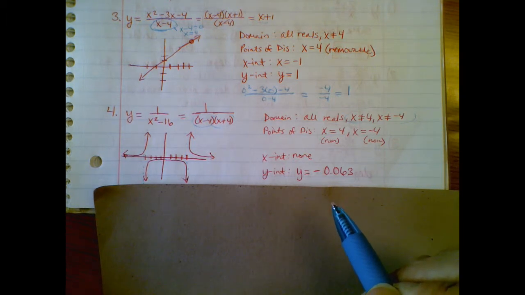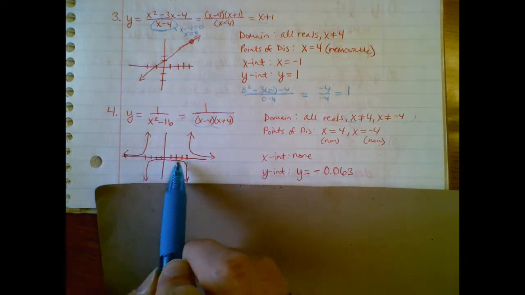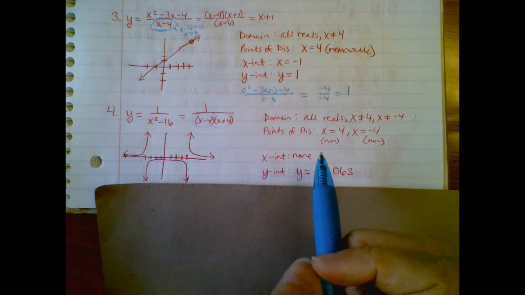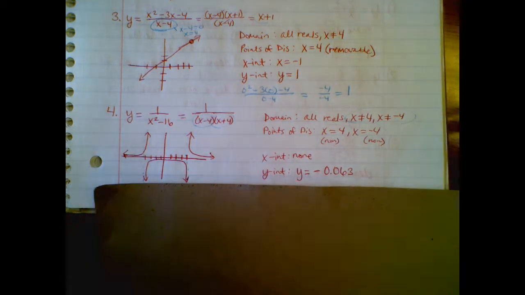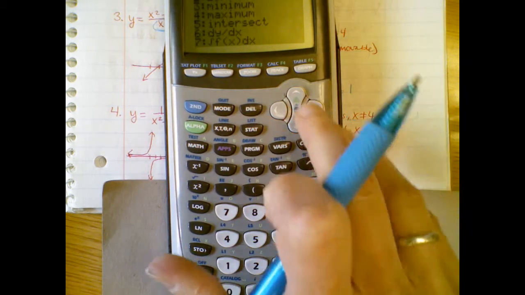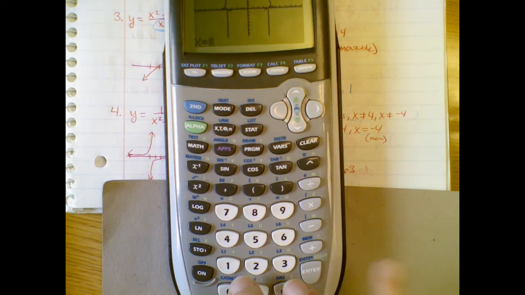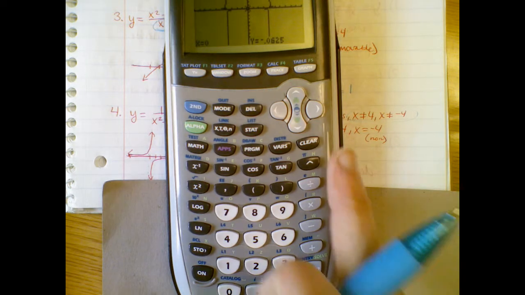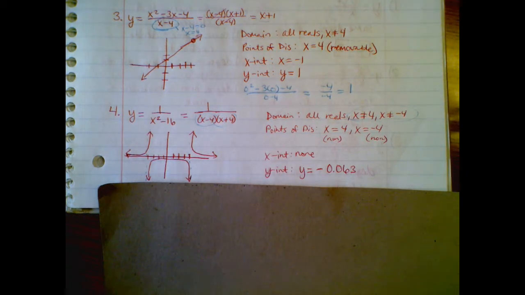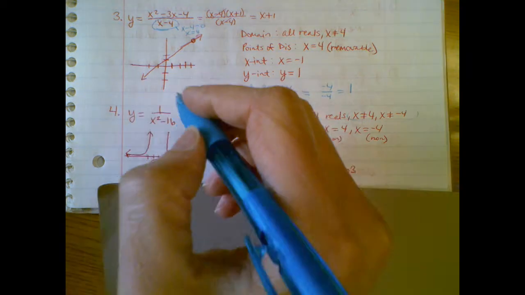For our x-intercept, notice it approaches the x-axis, but it never crosses it, so we're just going to put none. And then our y-intercept, if we go to our graph, second trace, go to x equals 0, then our y-intercept is negative 0.0625. To find our x-intercept by hand, set our numerator equal to 0.